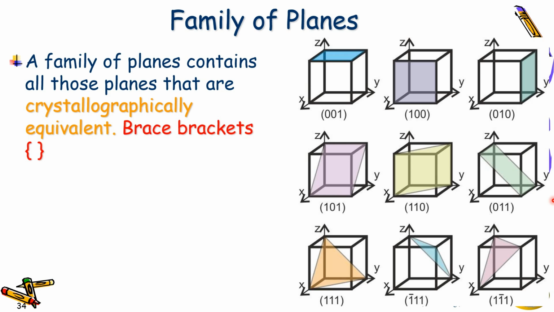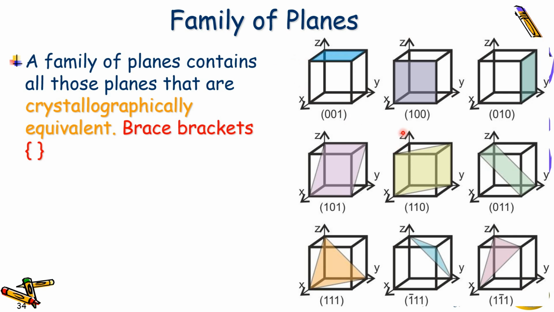Right, how about family? If I use the caret bracket, that means the family of the vector of the directions. But if I use the brace bracket, that means the family of the plane.